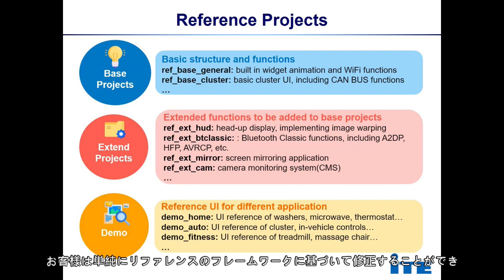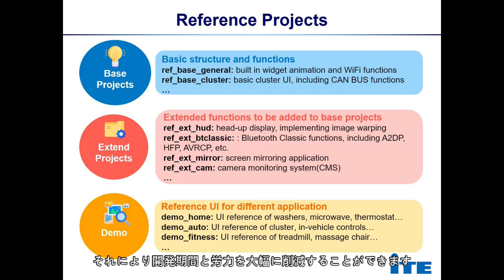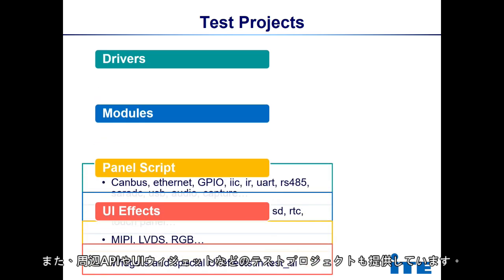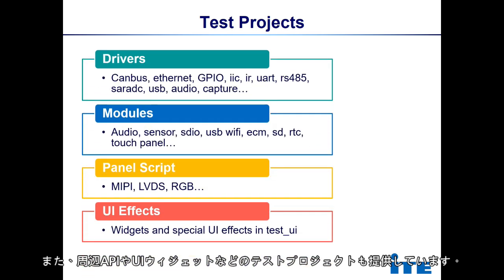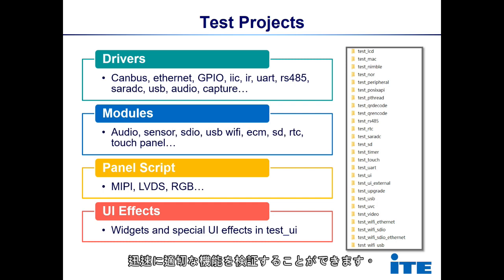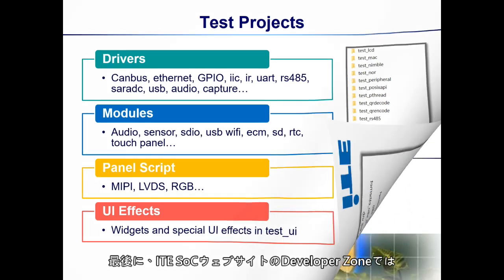Customers can simply modify based on the reference framework, which can significantly reduce the development time and effort. Moreover, we provide test projects for peripheral API and UI widget, etc. Test projects allow customers to quickly verify relevant functions without testing them in the actual project. It helps to clarify the hardware peripheral issues and further speed up the project development.